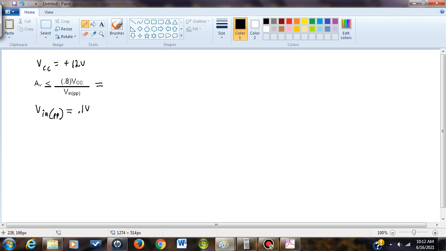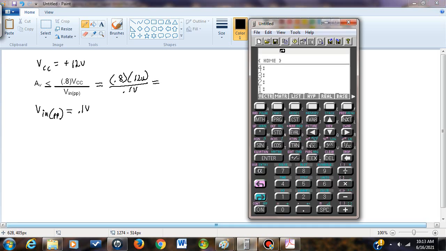Therefore, using this information in the equation above for gain, we have 0.8 times 12 volts divided by 0.1 volt, and the amount will be 96.